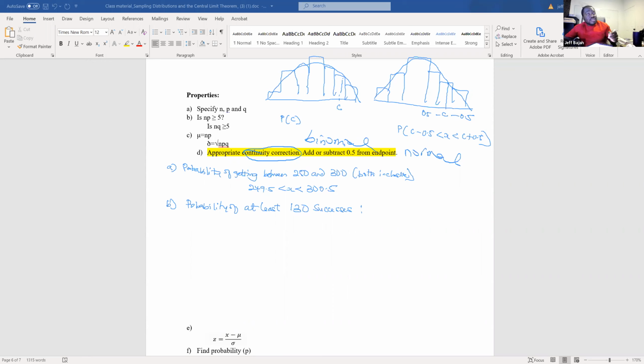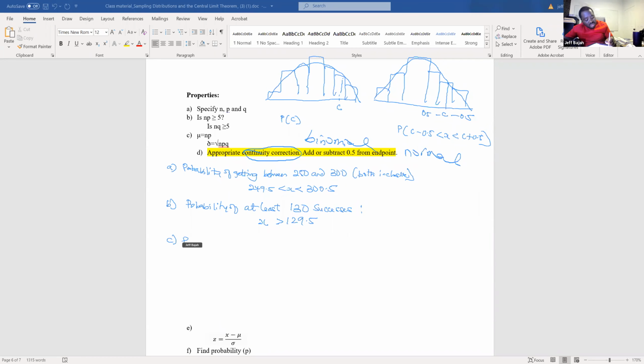Good job. So here you're going to say your x is greater than 129.5, because the lowest possible number is 130, so then you take away 0.5 for the other side.